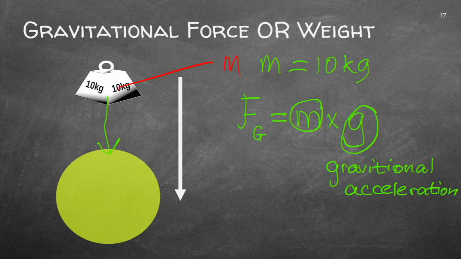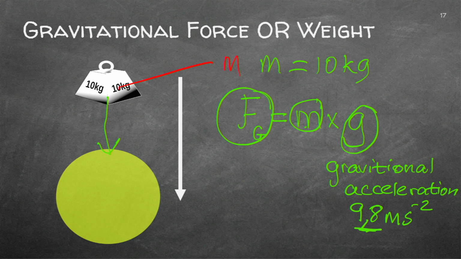It's going faster and faster and faster. And Newton actually worked out that value because it's a constant value. So that value is 9.8 meters per second squared. So in all the calculations with gravitation, you'll be multiplying the mass with a factor of 9.8.